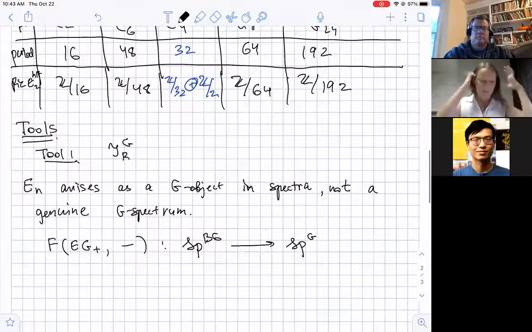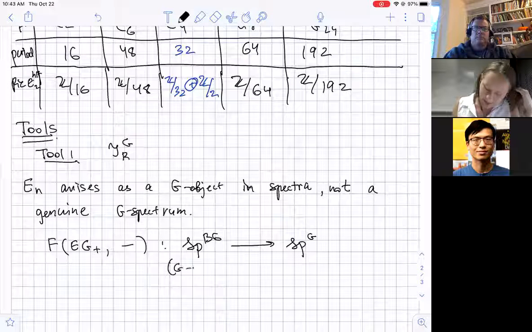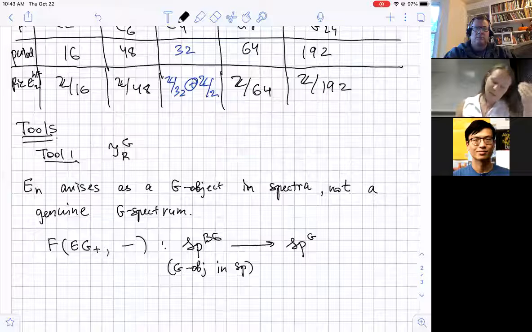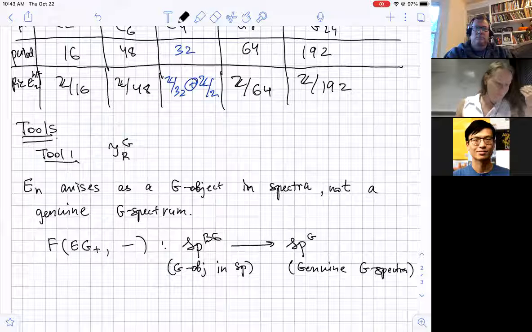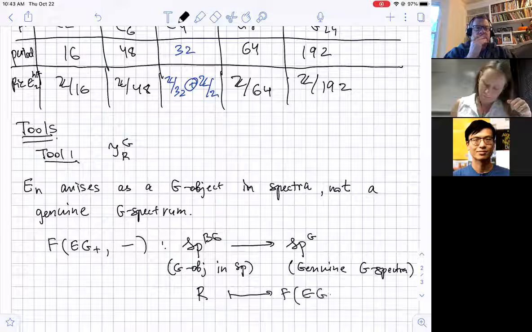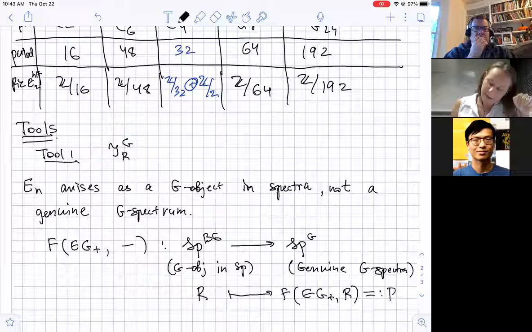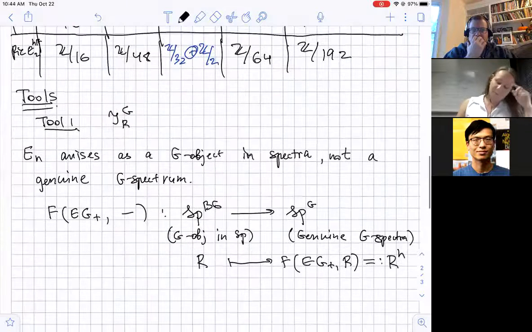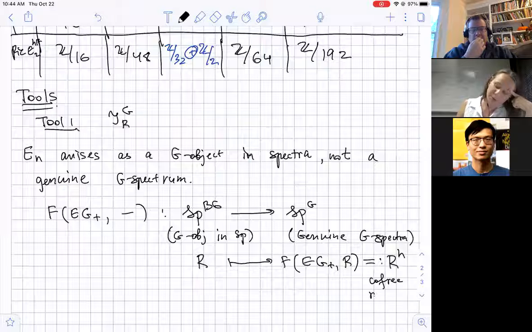Okay, so SPBG is G objects in SP, and SPG is genuine G spectra. All right, and so what we do is we take an R and we apply this function spectrum. I'm going to be calling this RH in the future. This is called the co-free localization.